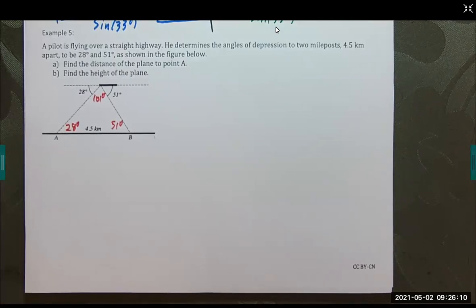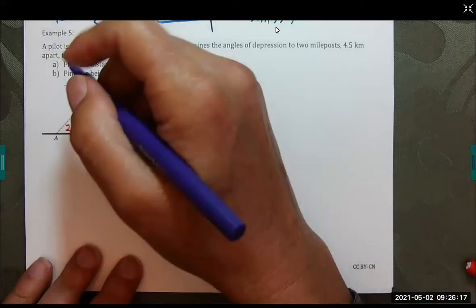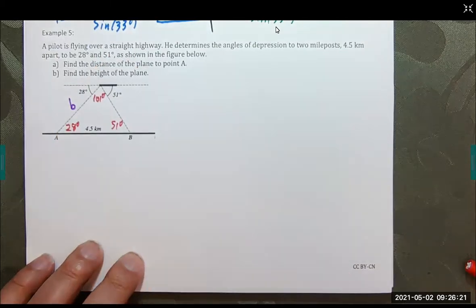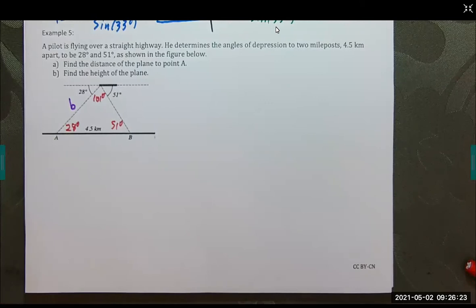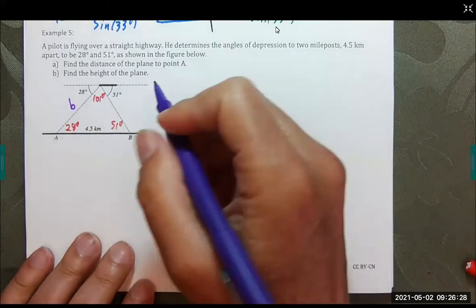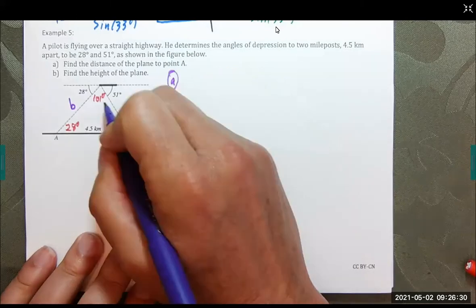All right, so they want to know the distance from the plane to point A. We'll call this side B since it's opposite angle B. That is not a problem because this is part A. I have an angle and its opposite side.